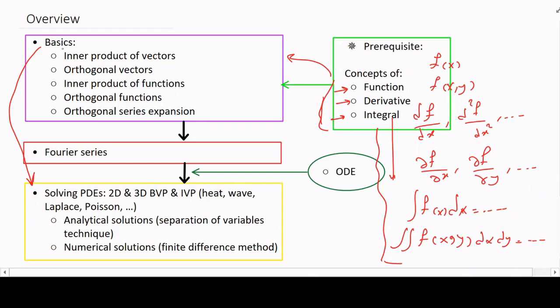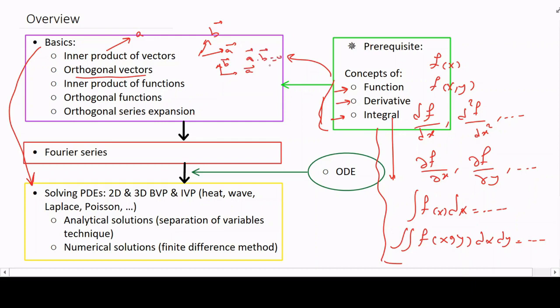So we're going to start with some basic concepts. We're going to talk about vectors and inner product of two vectors like A and B, and then we get to the orthogonal vectors, and we're going to show that two vectors are orthogonal when their inner product is 0.